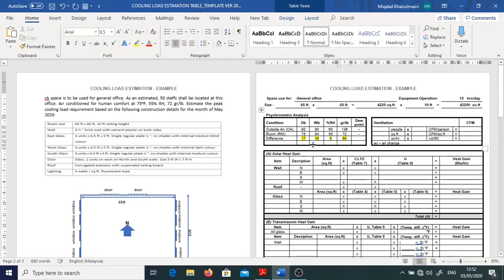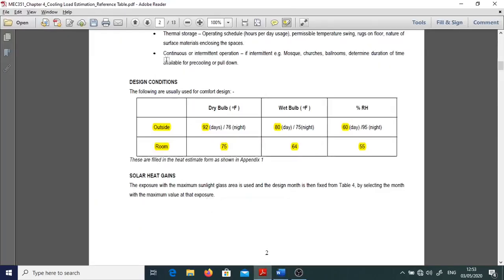Okay, so on the next, on the right, ventilation. So number of people from the question, 50 people. Okay, 50 staff. And then times the value for CFM per person. This one we have to look at table 11. Okay, table 11.